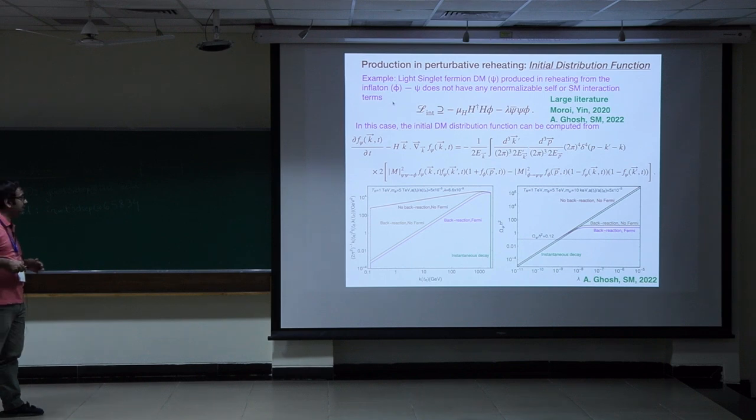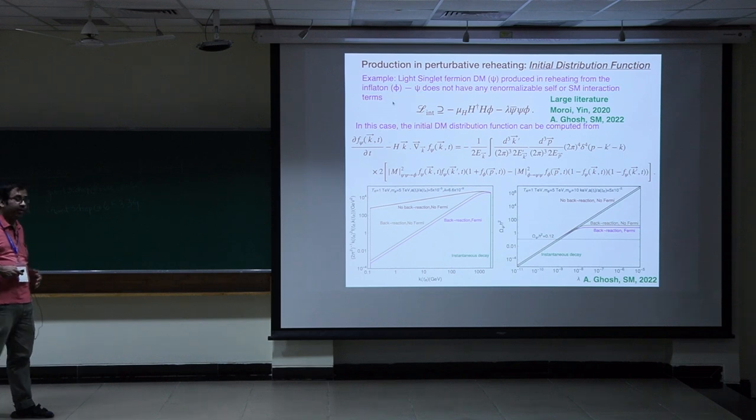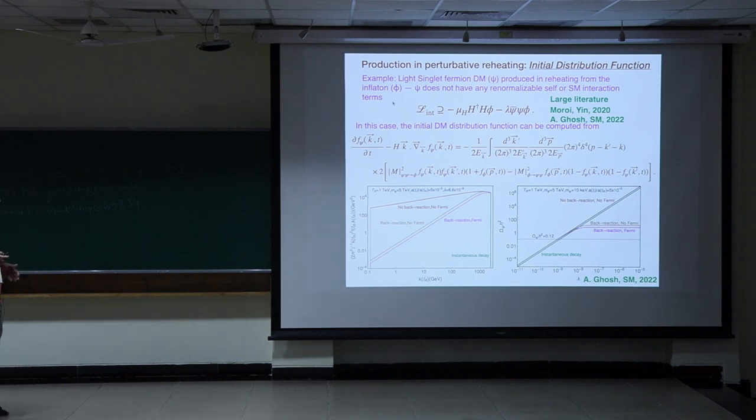What happens simply is that the quanta that are produced earlier during the reheating get redshifted more. However, the production is maximum towards the end of the reheating, giving rise to this shape. Now, as the dark matter quanta are building up, back reaction effects will start to become important. They will repopulate inflaton quanta, and once you include the back reaction, you obtain this orange curve.